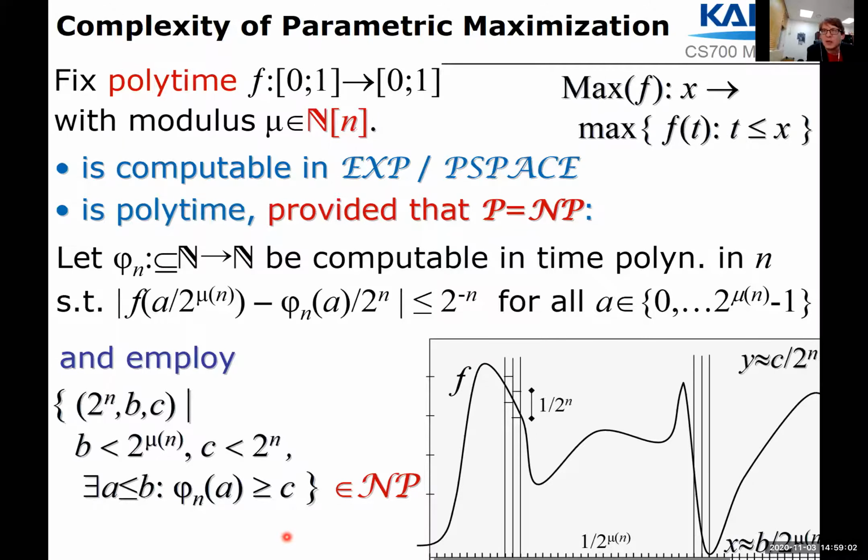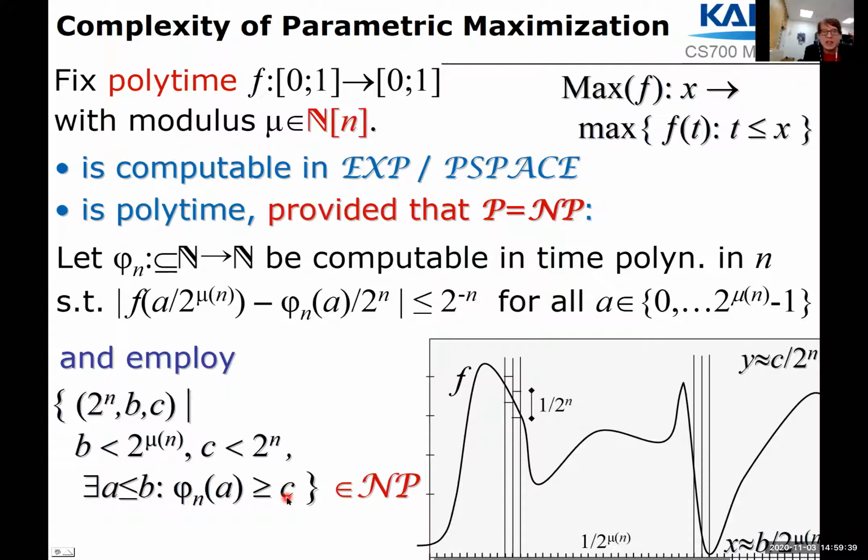Why is this a decision problem in NP? Well, because this witness obviously has polynomial length. Actually, its value is at most the value of B, one of the inputs given in binary. So A immediately serves as a polynomial length witness, and the verifying part is also feasible in polynomial time, because by hypothesis the discrete function phi n, which is fixed because the original real function f is fixed, is computable in polynomial time.